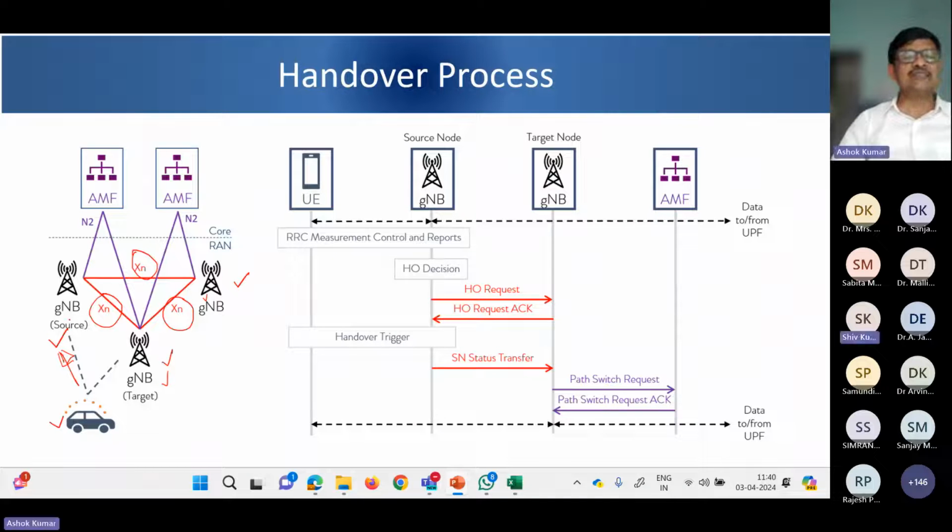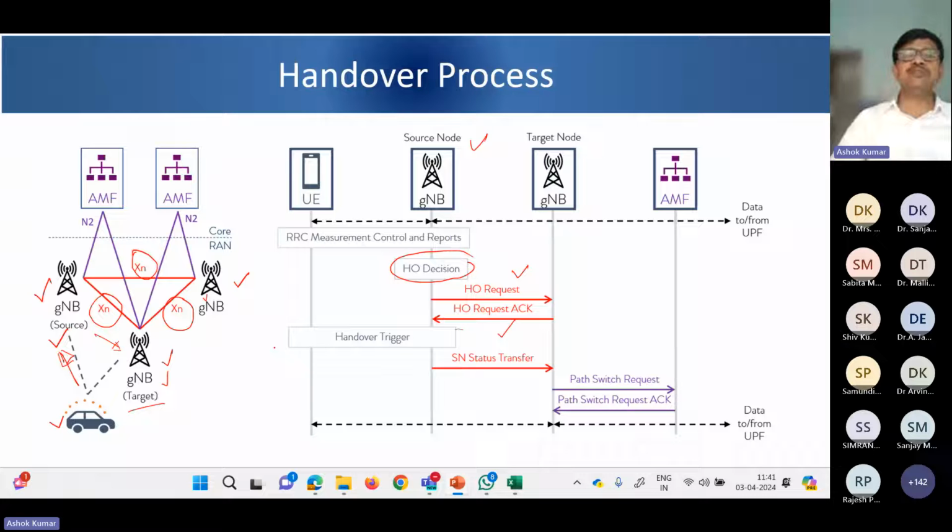Once it decides that a threshold has been reached, that the signal from the source gNodeB is quite less compared to the signal from the other gNodeB, that becomes the target gNodeB. So a handover decision will be taken by the source node. It then interacts on the Xn interface with the next gNodeB where the handover has to happen: handover request and handover acknowledgement. At that point of time, the handover trigger happens.